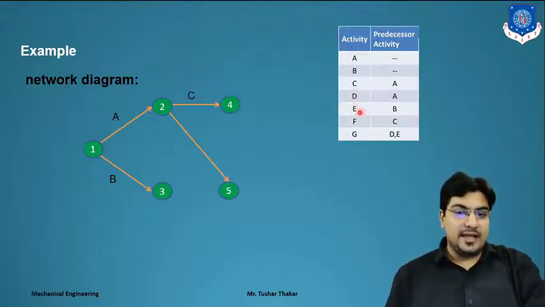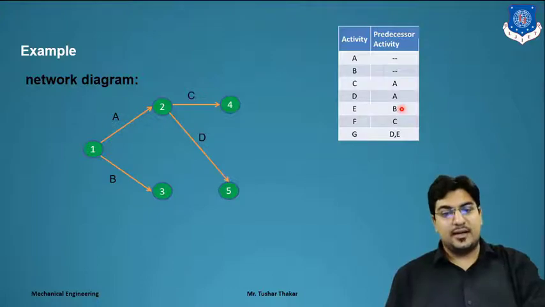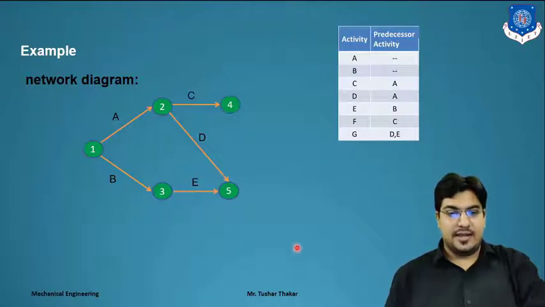For activity E, the predecessor activity is B, so we draw it from node 3 to node 5. Why do we join at node 5?